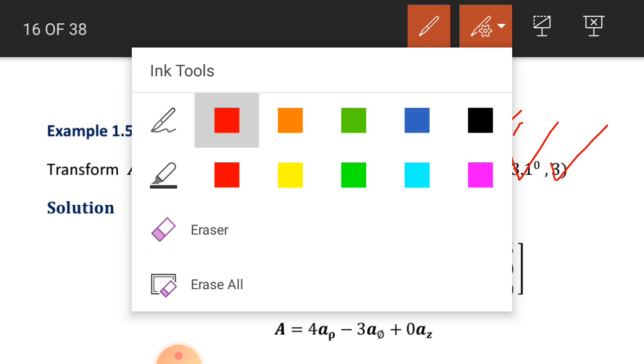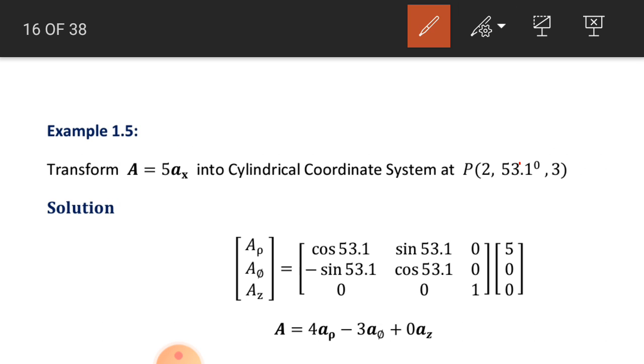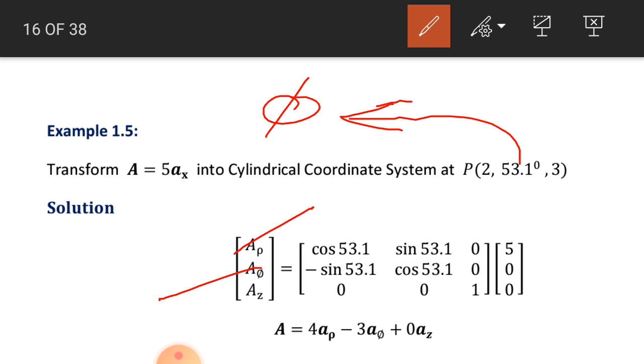As far as phi is concerned, here is phi, which is 53.1. In order to transform this vector from the rectangular coordinate system into cylindrical coordinate system, we need to find out the rho component of this vector, the phi component of this vector, and the z component of this vector.